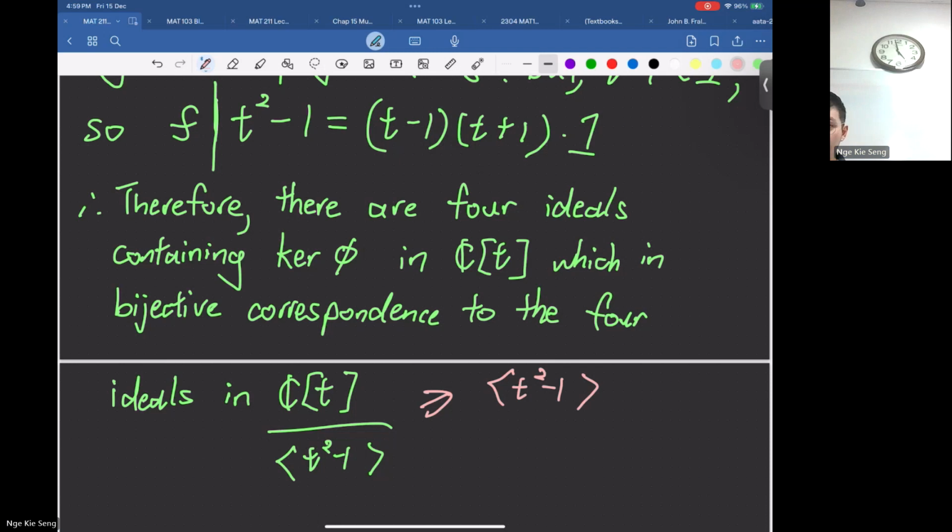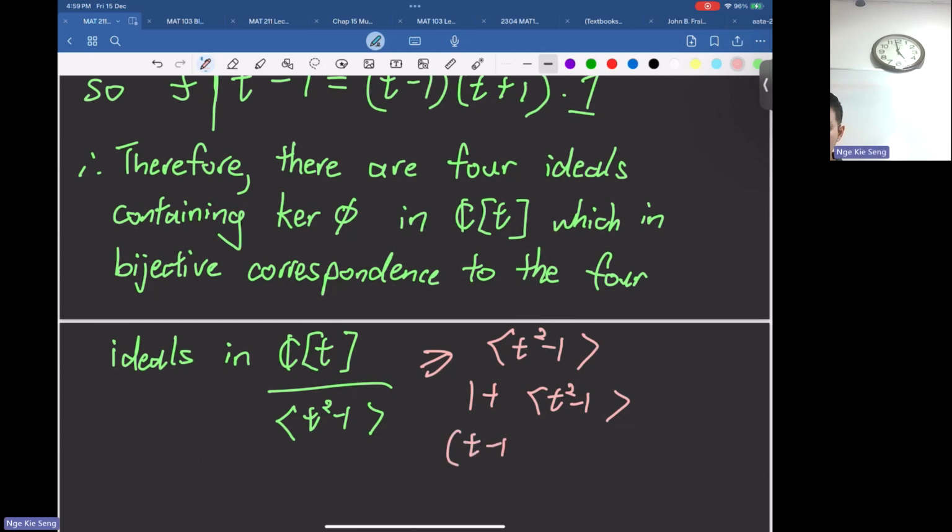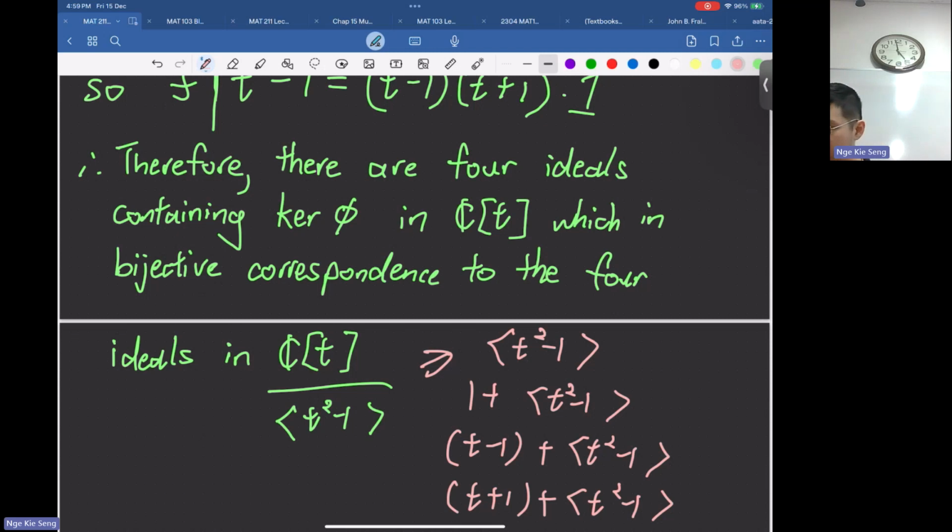And then, yes, 1 plus the ideal generated by T squared minus 1, T minus 1 plus the ideal, and T plus 1 plus the ideal. Right? These are the 4 cosets. So there are 4 cosets here.